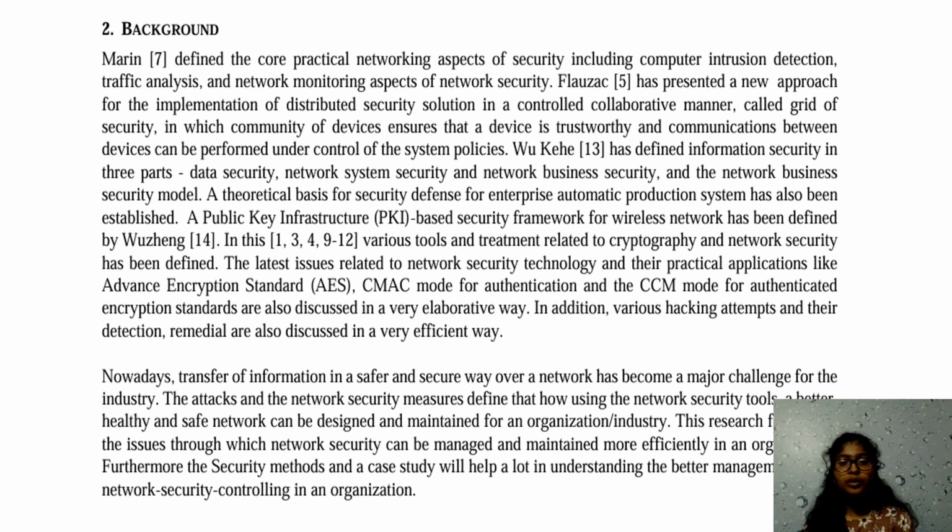It discussed the importance of encryption standards, for example AES and CMAC, which are examples of encryption standards, and also proactive measures to tackle new hacking attempts. The paper concludes that layered security strategies combining tools, policies, and collaboration are essential for effective network security management.